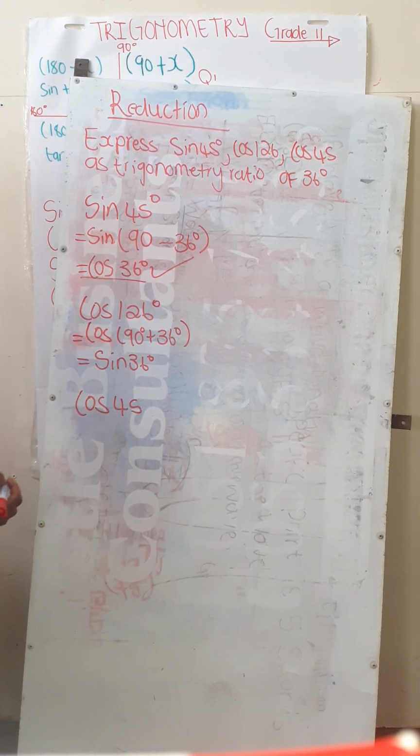So now we have cos 45. We can say 90 minus 45 on your calculator, and that will give you, sorry, not 45 but 54. Yeah, I made a mistake here.